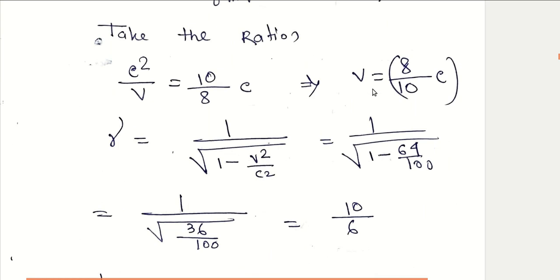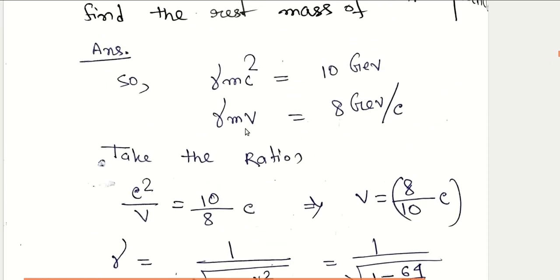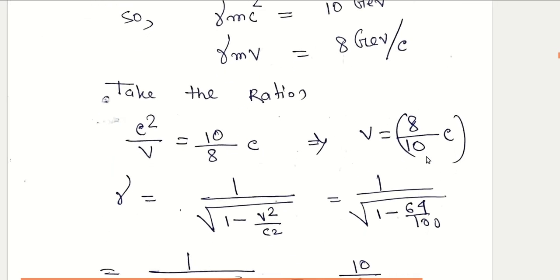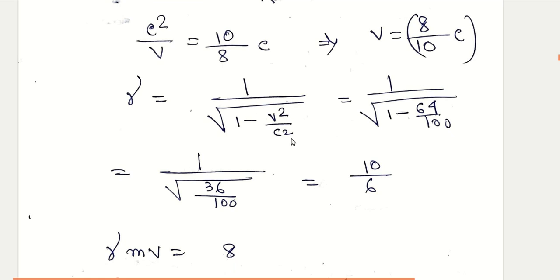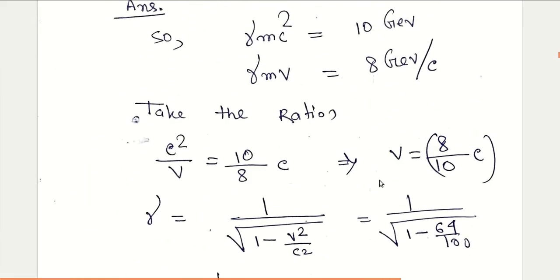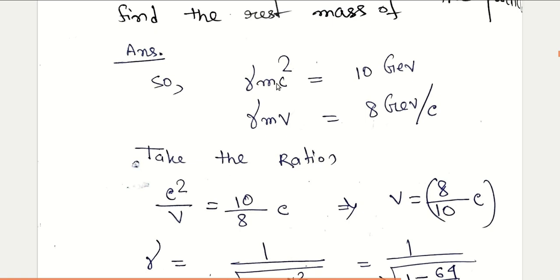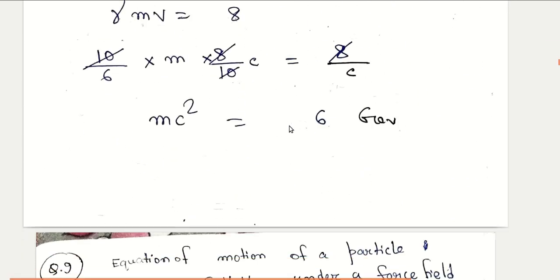If you take the ratio of both of them, it will be c square by v is equal to 10 by 8 into c, which will give v is equal to 8 by 10 into c, and from that the gamma value will come out to be 10 by 6. If you substitute the value of gamma in the equation, you will get m c square equal to 6 GeV.